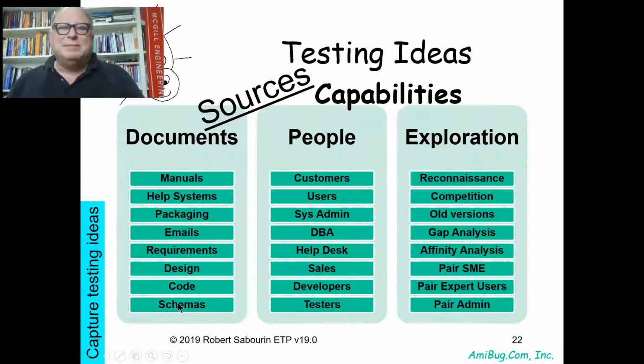Where do we learn about capabilities? Well, the sources of information are pretty broad. Certainly, documentary evidence exists. In some projects, there is a lot of documentation. Other projects have less. Some people suggest agile projects have hardly any documentation.